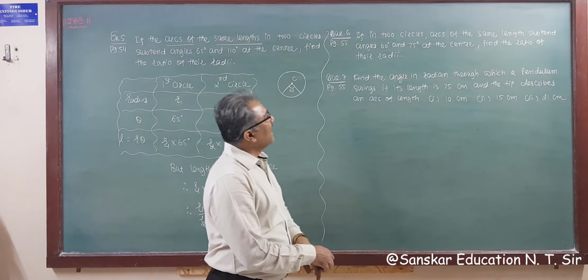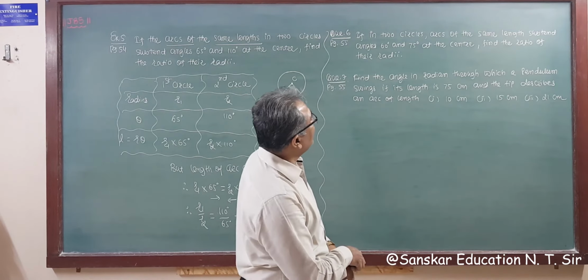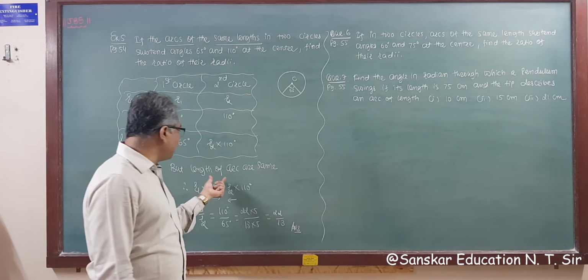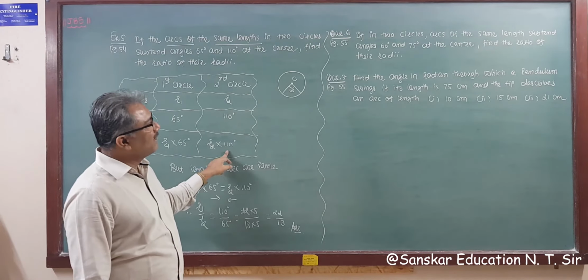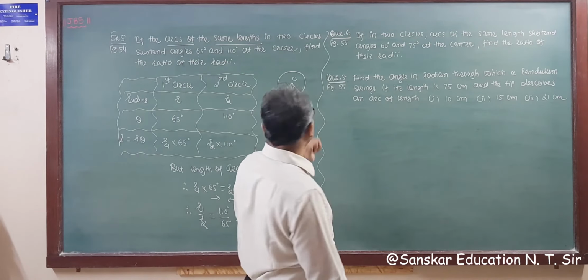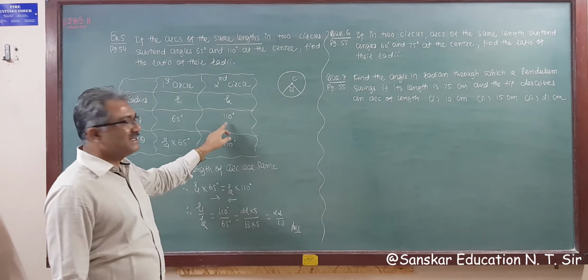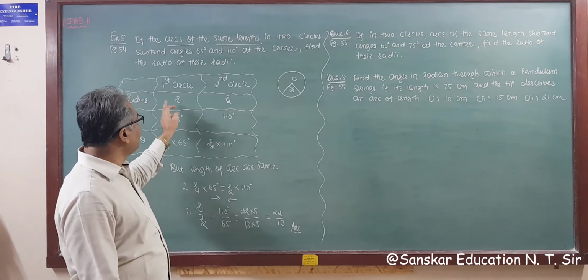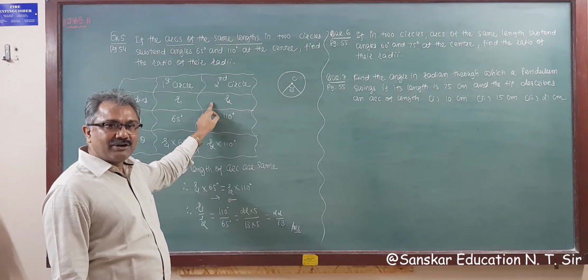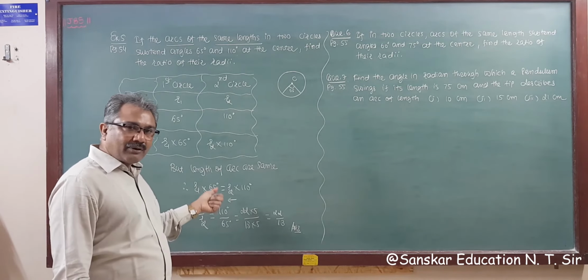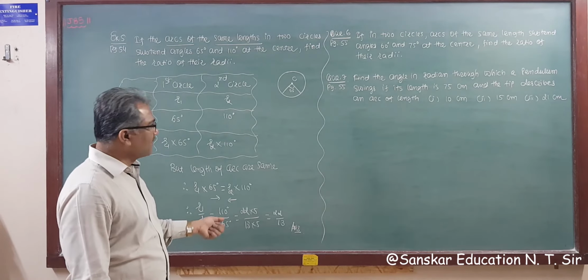Question number 6. If in two circles the arcs are of the same length, it means you have to take L the same for both circles, and the angles are 60 and 65. Assume the first circle's radius is R1 and the second circle's radius is R2.